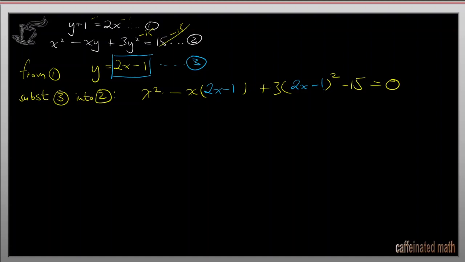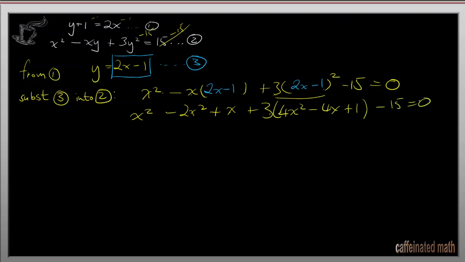So let's simplify now. So we have x squared, that becomes minus 2x squared. Remember, two negatives multiplied give us a positive, so that's plus x. And then of course over here, let's do that in two stages. That's going to be 4x squared minus 4x plus 1, and that's minus 15 equal to 0.